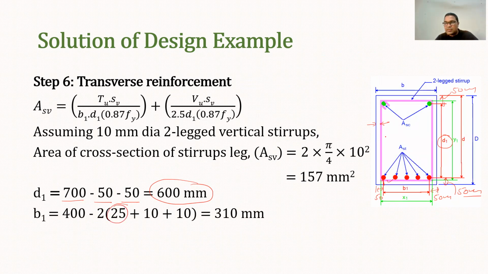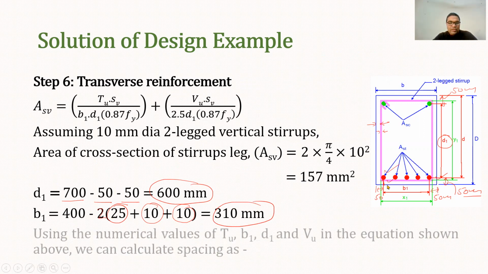Then the diameter of the stirrup is 10 mm, and we are using 20 mm diameter as the tension reinforcement, which we have already calculated. So half of the diameter, 20 by 2, is 10 mm. This is done here also, so that is why I have multiplied this with 2. So we get the value of B1 as 310 mm.